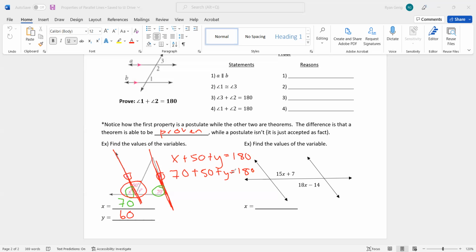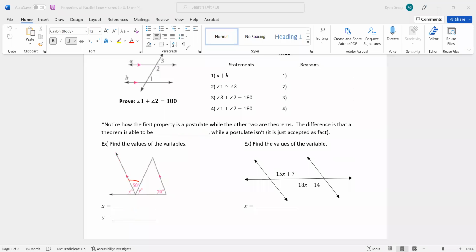Are there other ways? Yes. Let me erase. Actually, I'm just going to clear everything real quick and show you that angle and that angle are same side interior angles made by those two parallel lines and this transversal. Now I know that 50 and Y are two separate angles that make one angle.